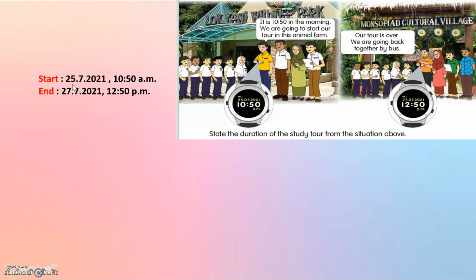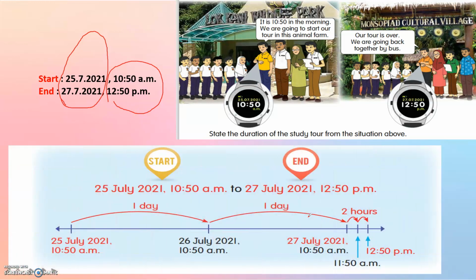We start at 25th July 2021 at 10:50 a.m. We end at 27 July 2021 at 12:50 p.m. Okay, here there are two different units. That means the days are different and the times also are different. Okay, to solve the questions, we can use the strategy shown in the textbook.